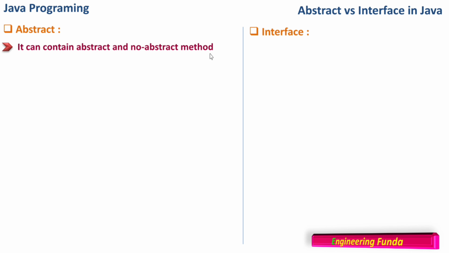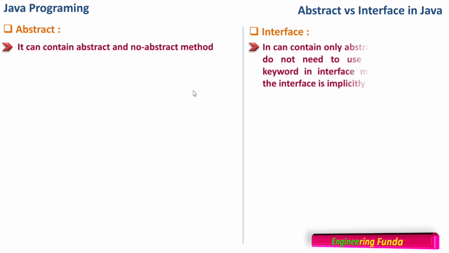In abstract class, we can have both types of method, abstract as well as non-abstract. While in the case of interface, it can only contain abstract methods. We do not need to use the abstract keyword in interface methods because the interface is implicitly abstract.